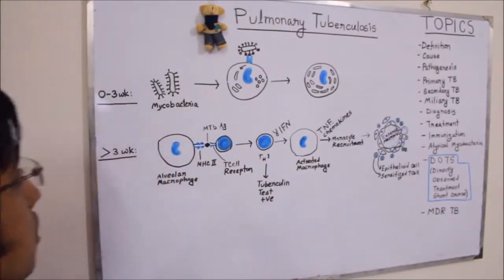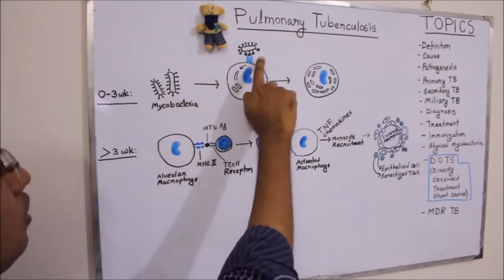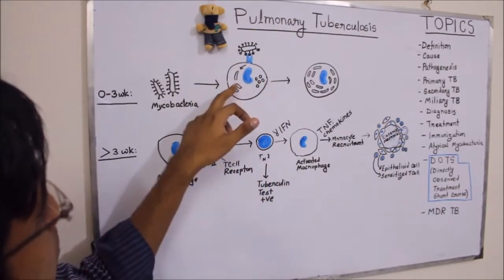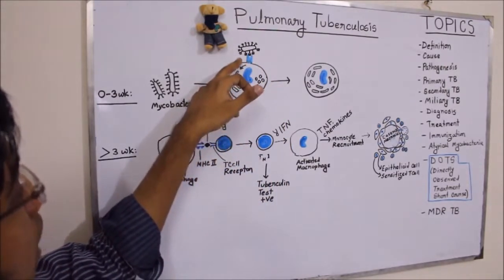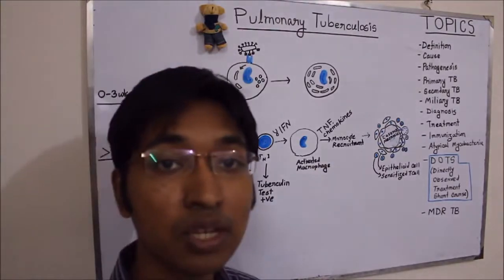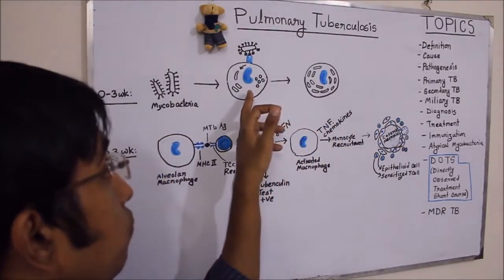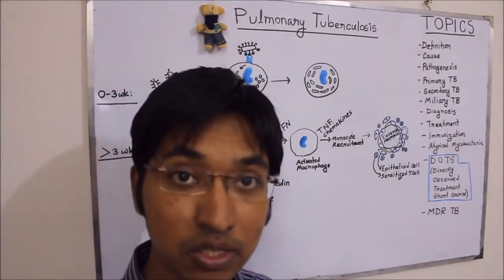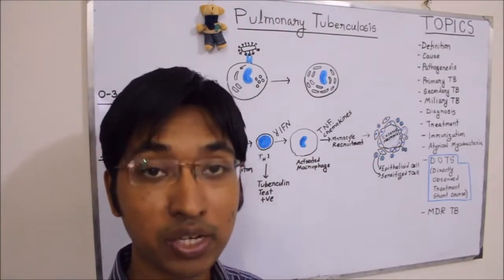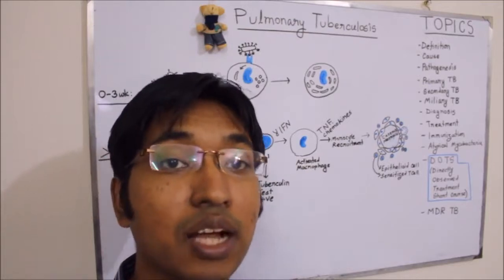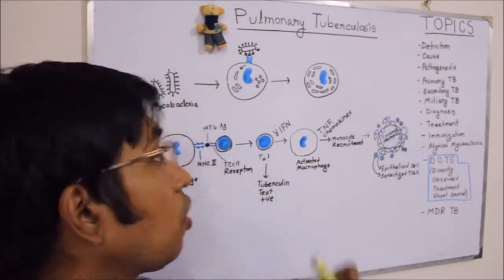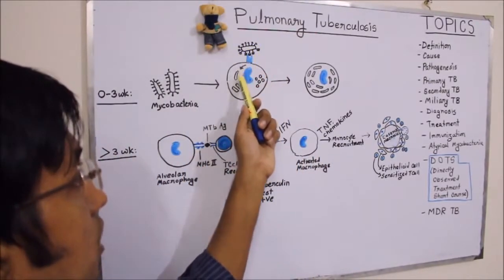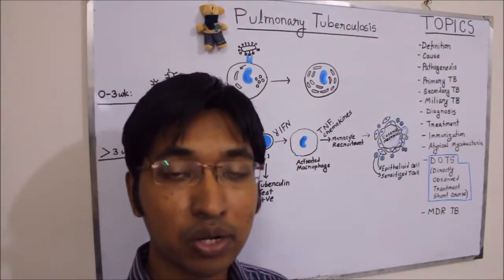So here you can see the same mycobacteria. The mannose binding receptors of the alveolar macrophage will bind with those glycolipids on the surface of the mycobacteria, and that will result in endocytosis of the bacteria inside the macrophage.